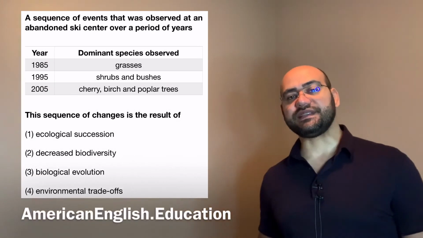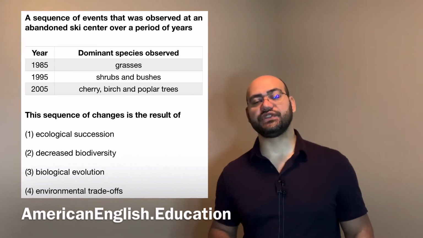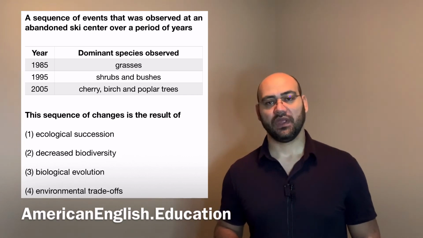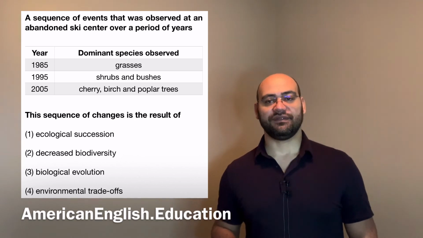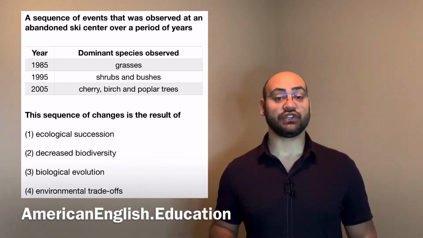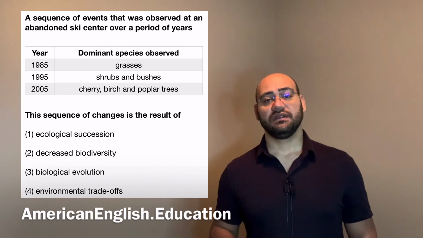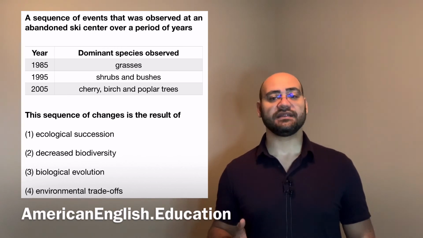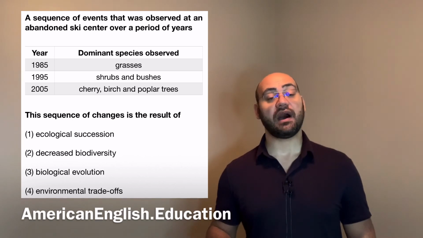Here we're given a sequence of events that was observed at an abandoned ski center over a period of years. Year 1985, the dominant plant species observed was grass. 1995, 10 years later, we have shrubs and bushes. 2005, cherry, birch, and poplar trees.